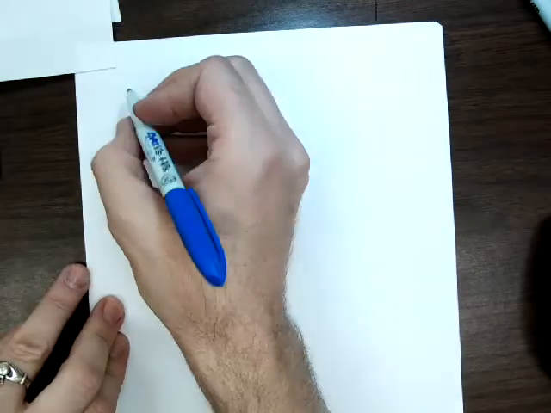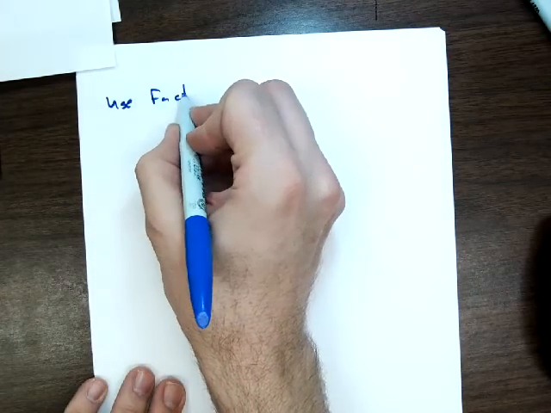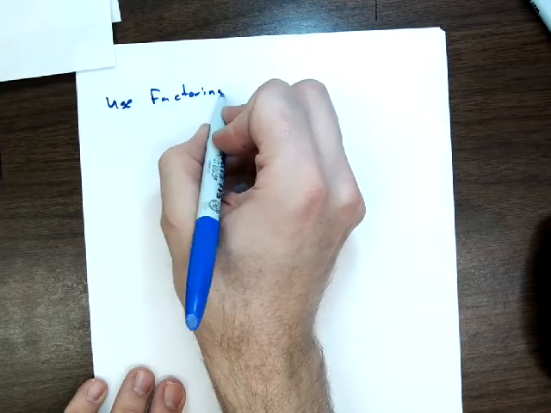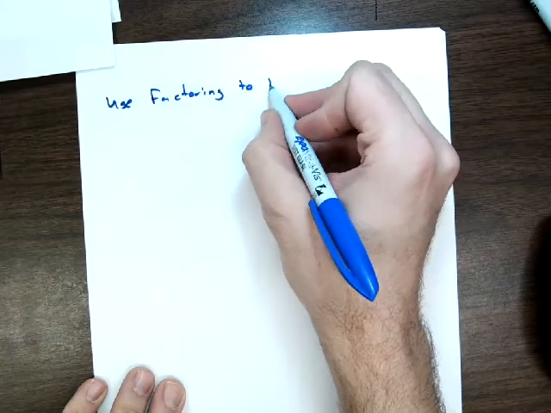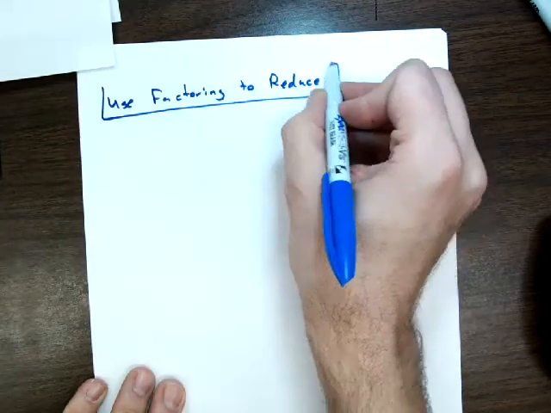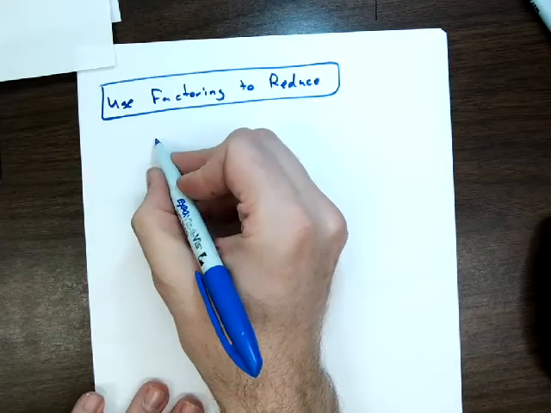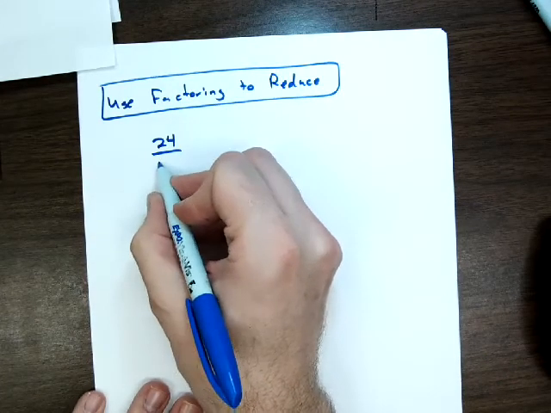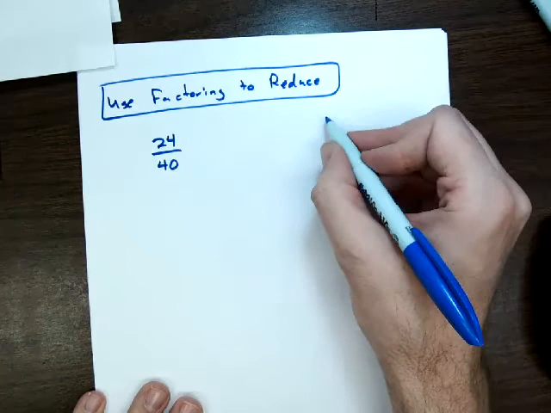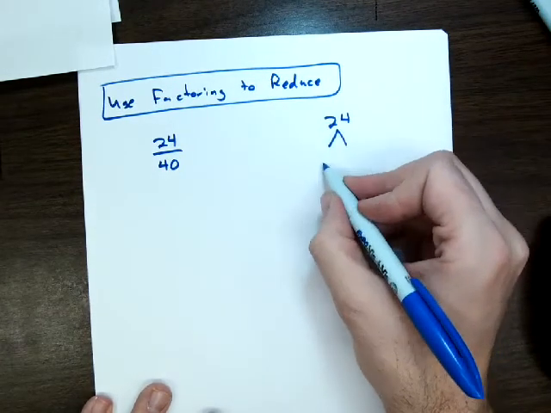But let's use factoring to reduce a fraction. And say I've got something like 24 over 40.